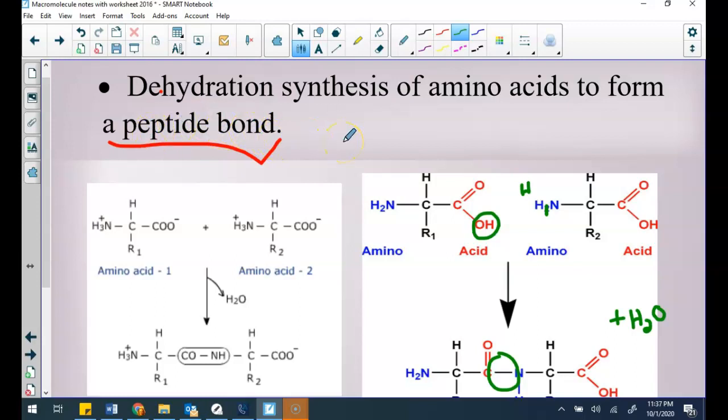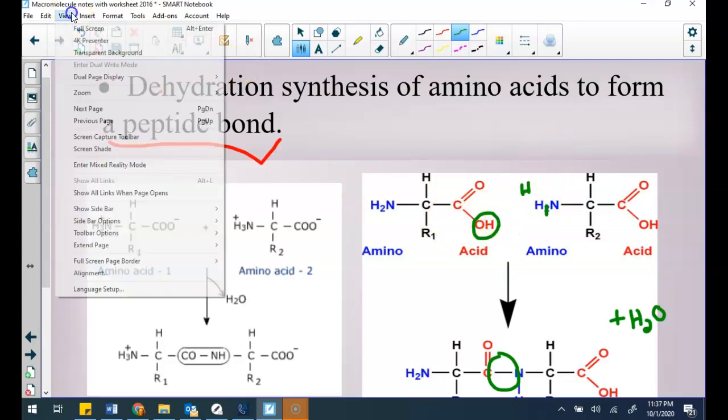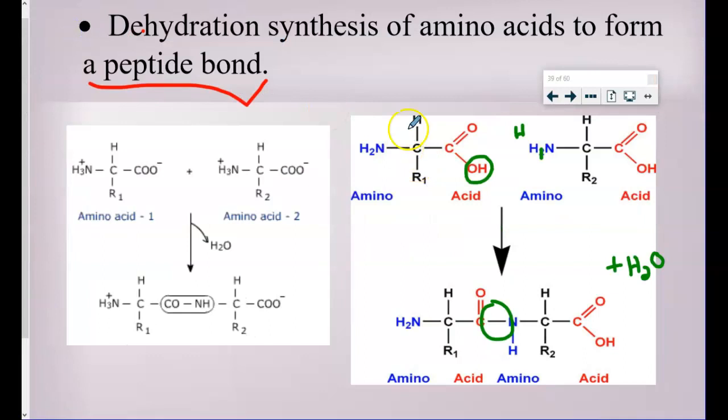It does show up on one of your worksheets. So I just wanted to point that out to you. And if you go into any kind of chemistry in college or advanced biology in college, you'll see that word a lot. Okay, but it's the same, taking little pieces, pull the water away, connect them to make bigger things. Same thing that you guys have been seeing with all of the other reactions that we've done.